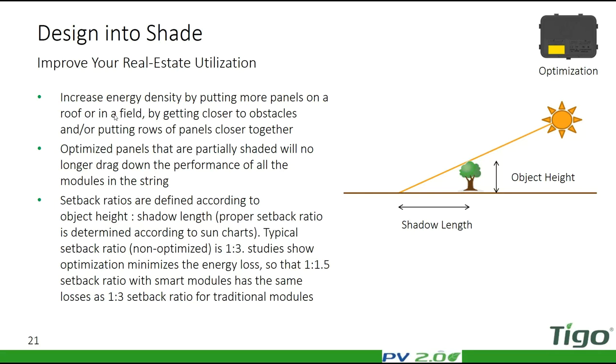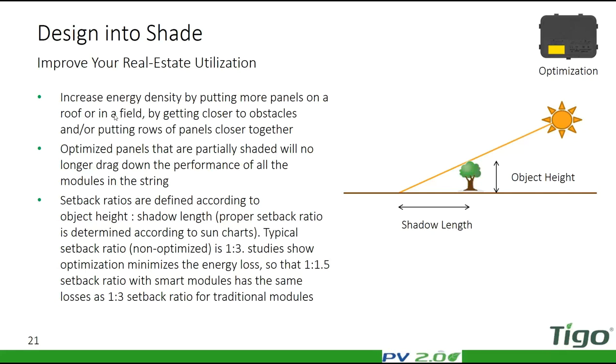We're not saying that if you have a place that's shaded most of the day, put panels there because we can make it work. Yeah, we can make it work, but this panel will still not produce a lot of power. So I'm not saying put panels where it's always shaded because that doesn't make sense.